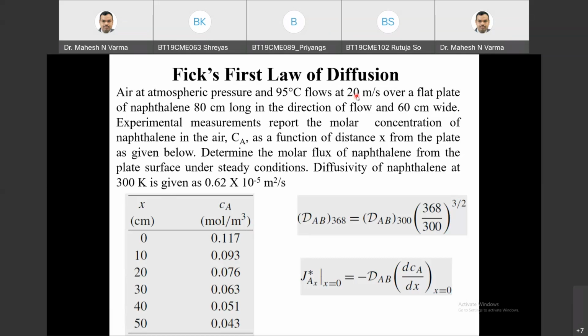That depends upon the whole system actually. You need to calculate the Reynolds number and everything. If turbulence is very high, that we'll see when we are discussing the estimation of the mass transfer coefficient. For different cases, you can get different values of the mass transfer coefficient, and which equation needs to be used, we will be studying when we discuss the mass transfer coefficient or convective flux.